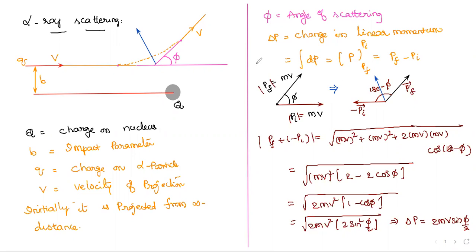So the angle on one side is half of that, since it bisects. This will be 180 minus phi by 2, and that also will be 180 minus phi by 2.